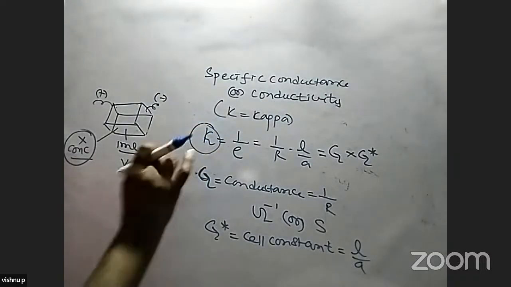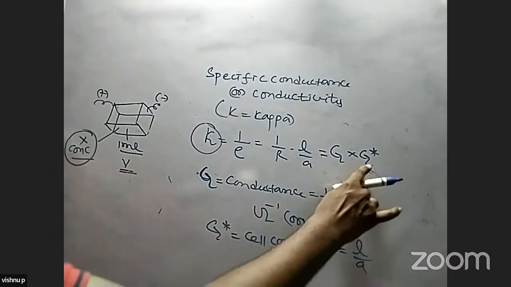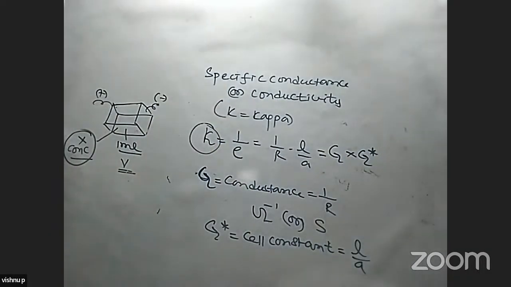Specific conductance is always equal to conductance into cell constant. The cell constant is indicated by G star, with the asterisk on the upper part of G. L by A is called the cell constant. We cannot find it by calculation; we can find L by A by experimental indirect methods only.